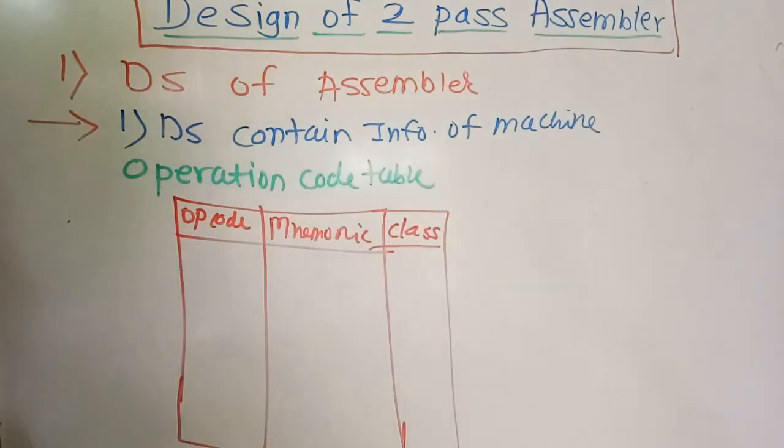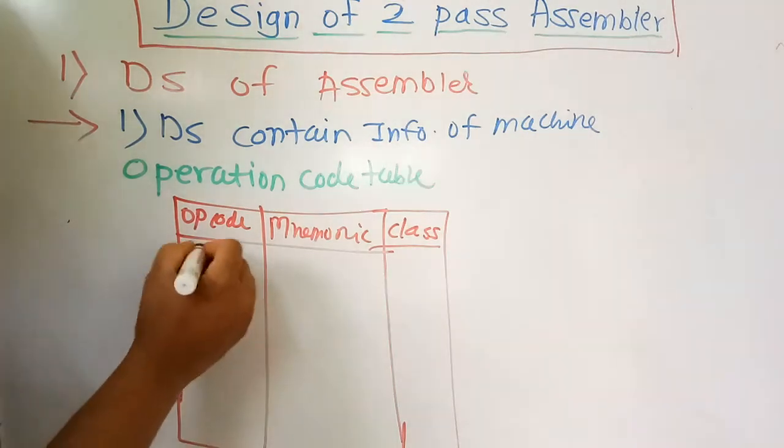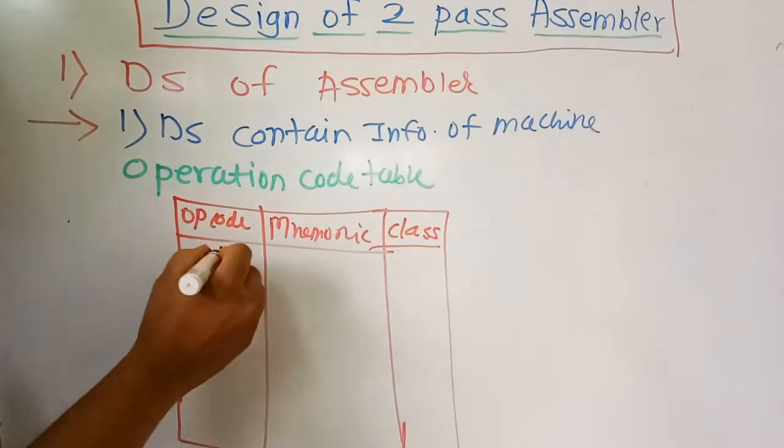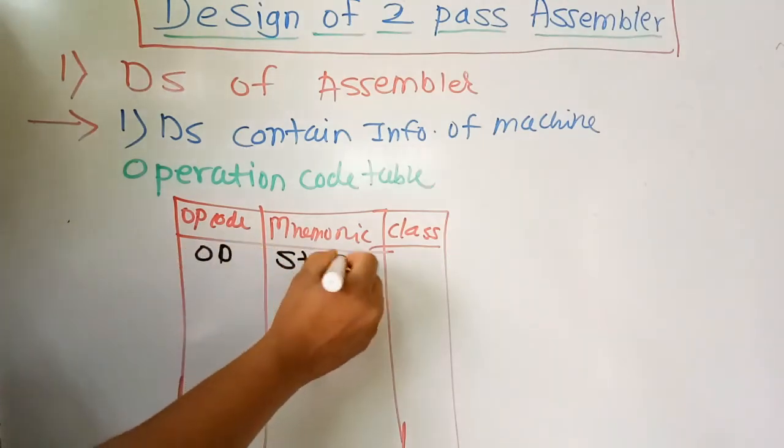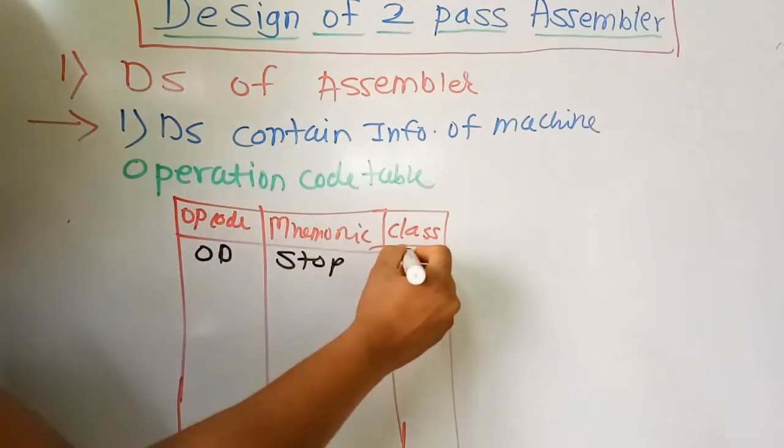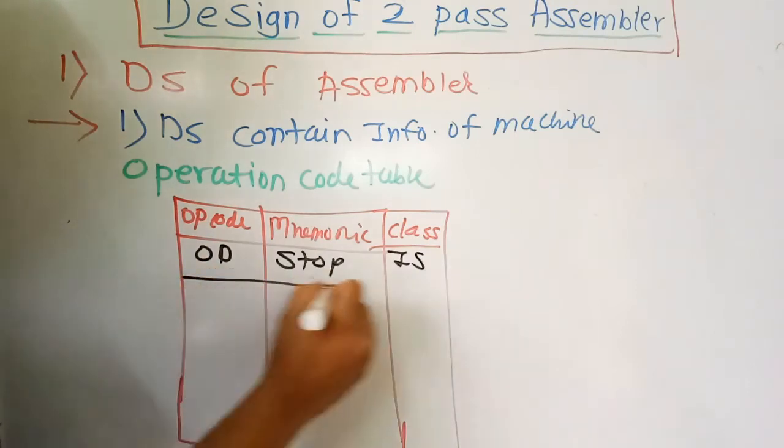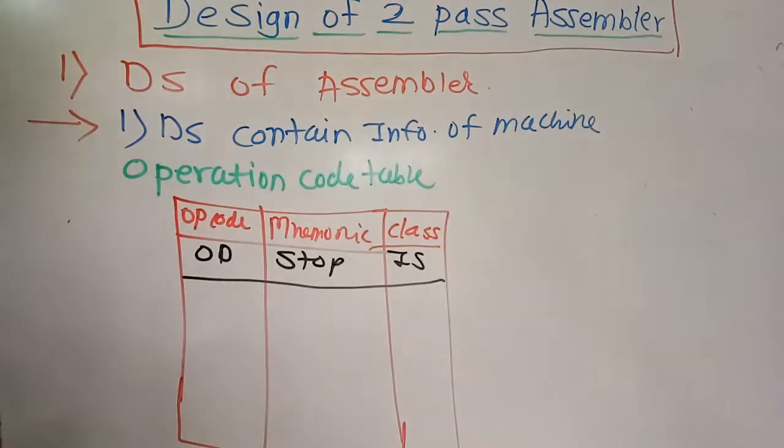For example, I will give an example to understand this. Your operation code is 00, then the mnemonic will be START, and it is the statement type, that is the information statement, or we call it an imperative statement.